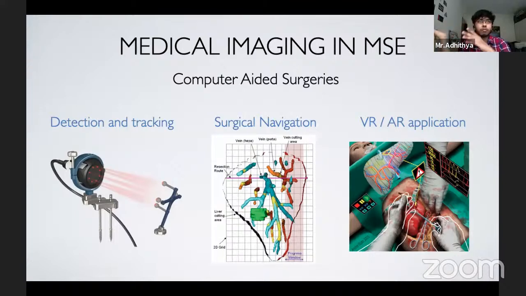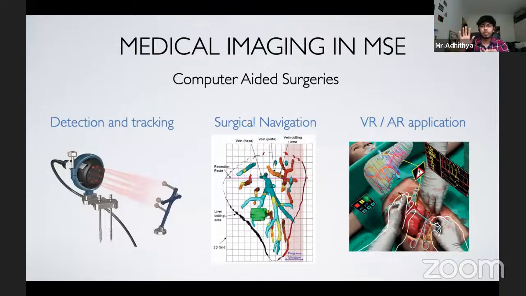So a professor of mine in our department, in the computer science department in biomedical, developed an application where you have sensors on your gloves, and these sensors are basically tracked by a camera, and this camera and sensor setup is used. So for example, if we have a hand and we do certain gestures, for example, move left, move right, or back and forth, we can actually change the slides or slices on the computer.